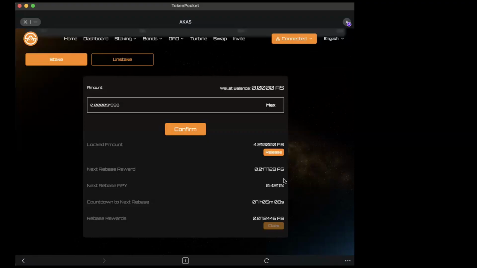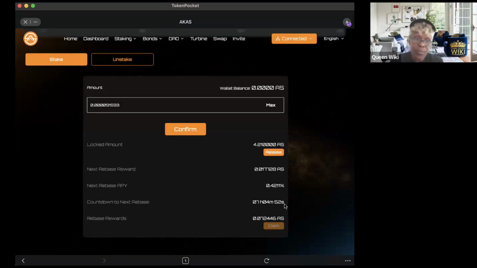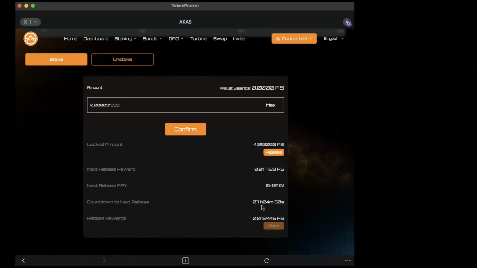This is the next rebase reward that is already calculated, and this is the percentage. This countdown to the next rebase is based on the blockchain blocks being processed. We follow the Polygon chain.